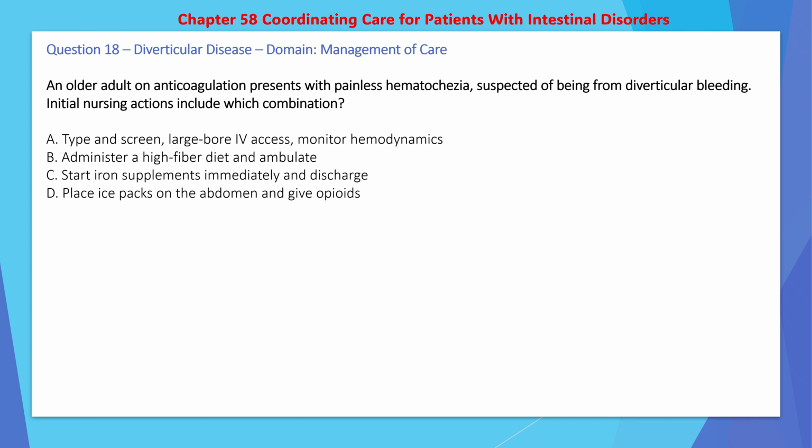Initial nursing action should include which combination? Type and screen, large-bore IV access, monitor hemodynamics. Administer a high-fiber diet and ambulate. Start iron supplements immediately and discharge.